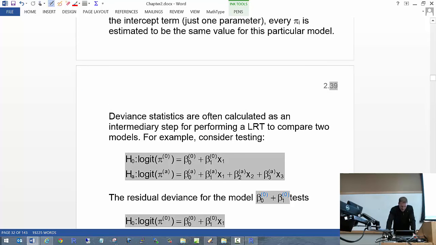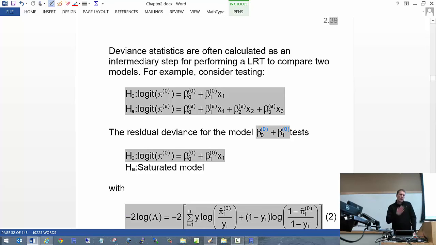Okay. Now these deviance statistics, what we are going to use them for in chapter 2 is as follows. The deviance statistics essentially can be calculated as an intermediate step to do a hypothesis test such as what we started off with at the beginning of class.